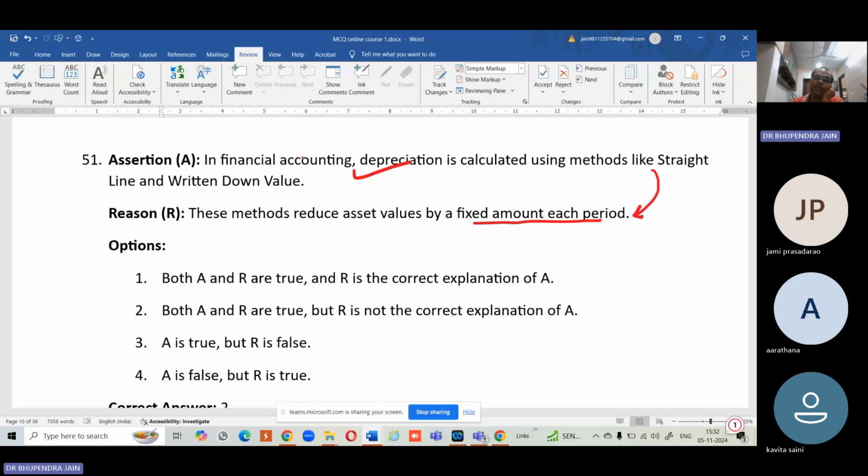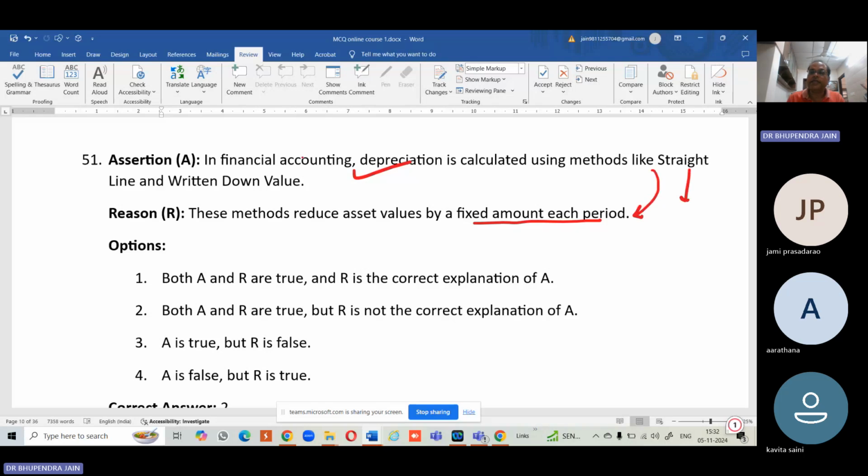This method reduces the asset value by a fixed amount each period. This is not correct. Definitely it will reduce the value, but not by a fixed amount.